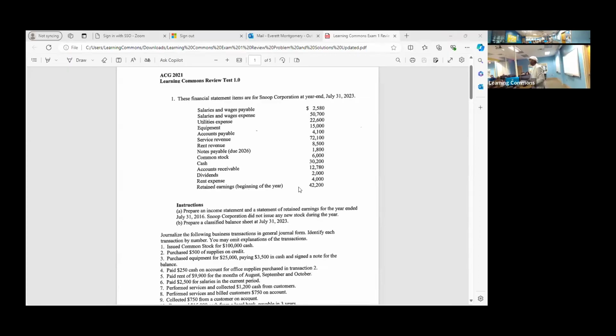Credit. If you have an expense account, how do you increase it? Debit. If you have a revenue account, how do you increase it? Credit. Those are the things we've got to remember. The debits and credits are the framework that this accounting is in.